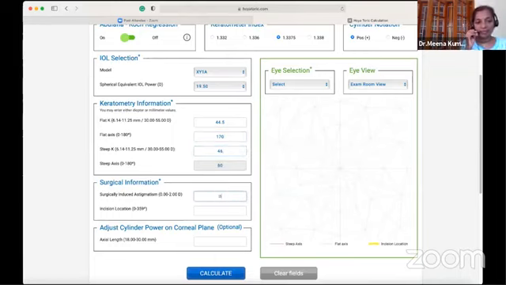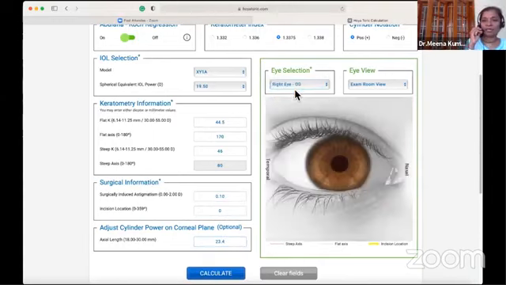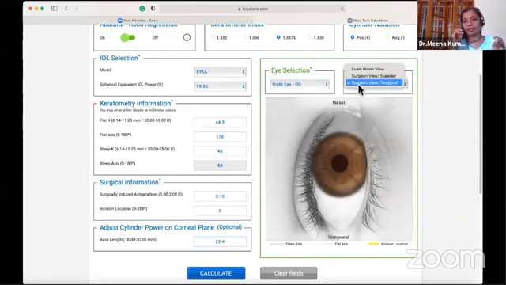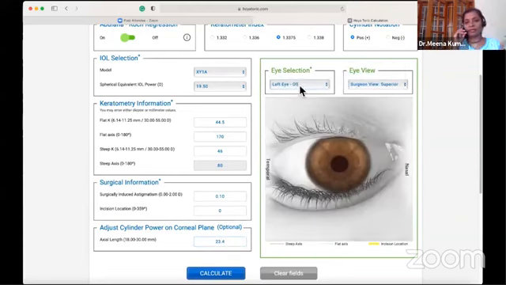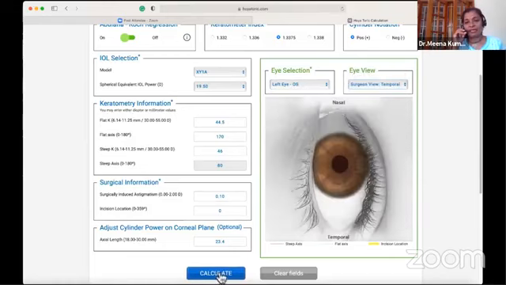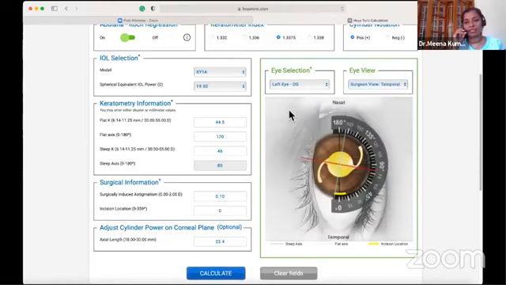And we feed the surgeon-induced astigmatism. And this calculator also supports the surgeon, with the image, where the surgeon sits superiorly or temporally. That support is also there. And then in a printout it gives a final axis of placement and incision location.